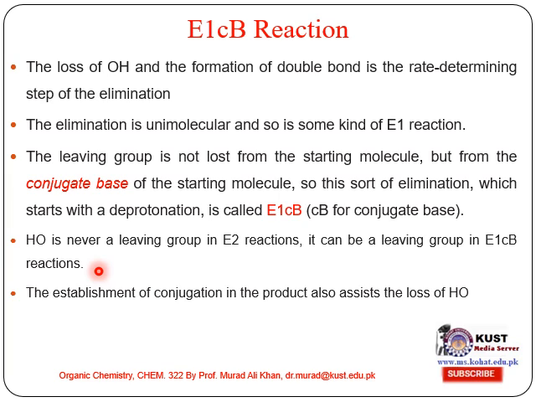The hydroxyl is never a leaving group in the E2 elimination. It can be a leaving group in the E1cB reactions only. The establishment of conjugation in the product also assists the loss of hydroxyl.